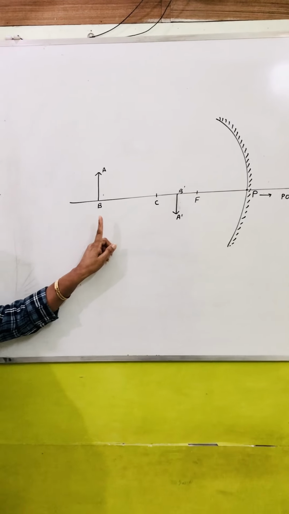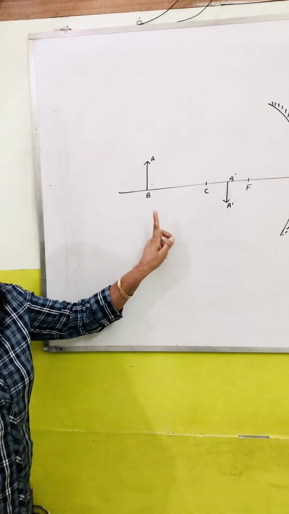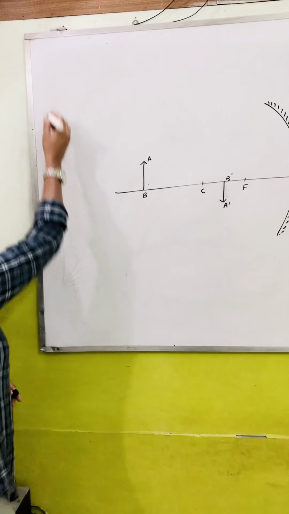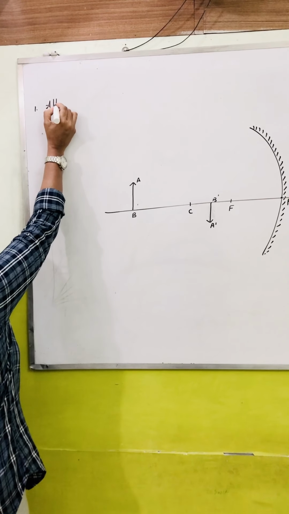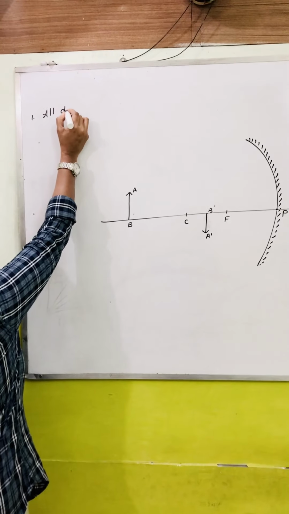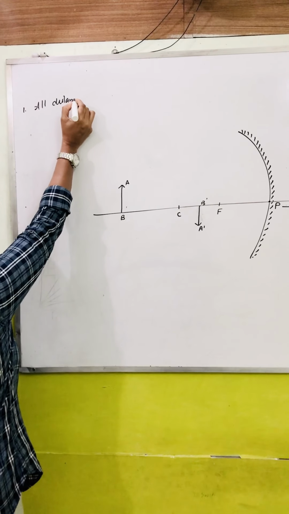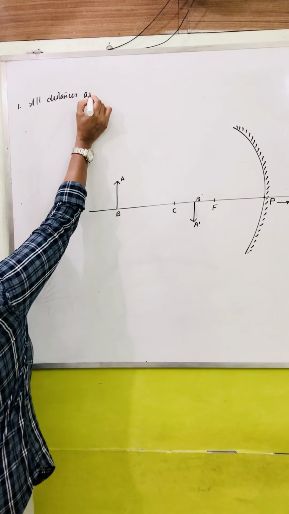The first rule for Cartesian sign conventions says that all distances are measured from pole.